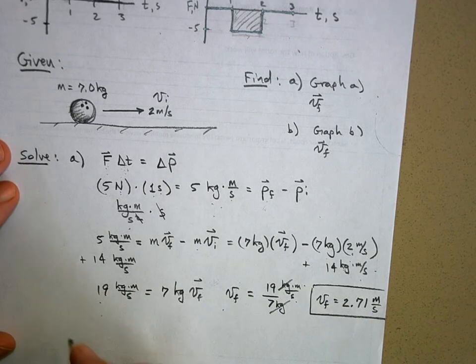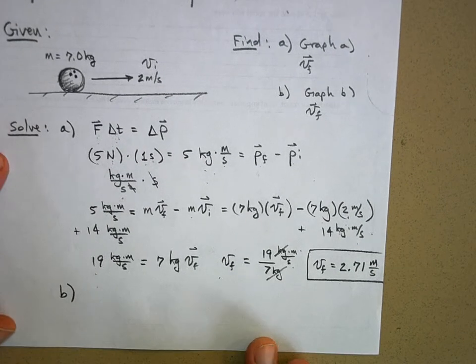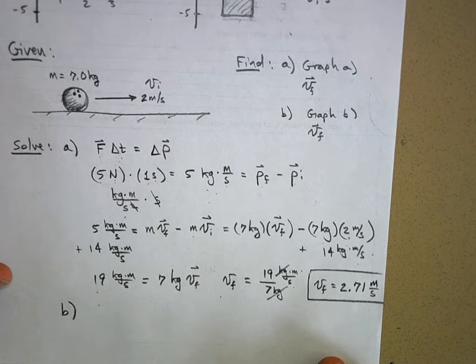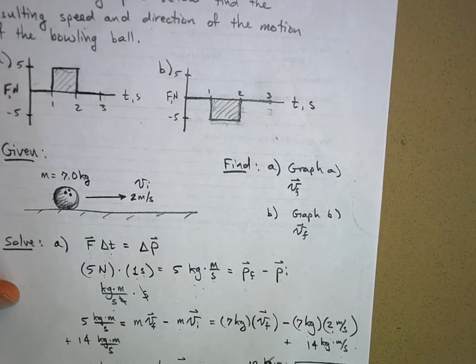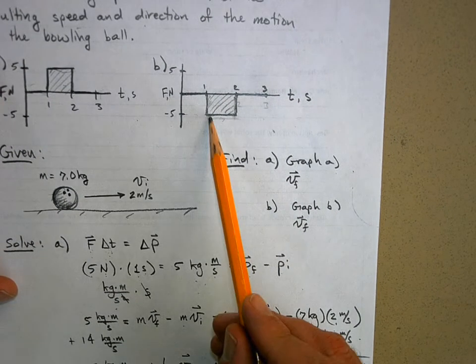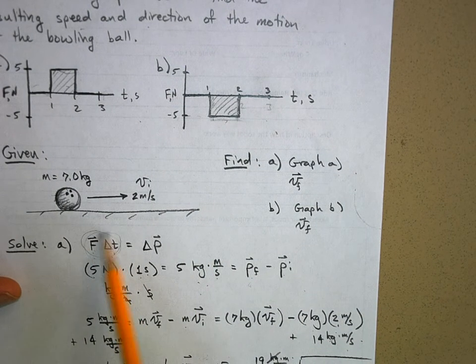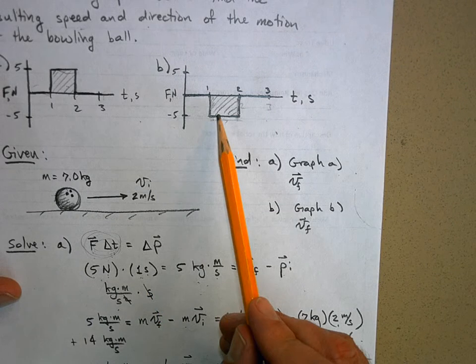Now for part B, I'm going to cheat a little bit because I've already done a lot of the calculations, right? Except that what's different now? Well, let's take a look at this graph. When I go force times time, here I went force times time. I had 5 newtons times 1 second. Well, what is here?